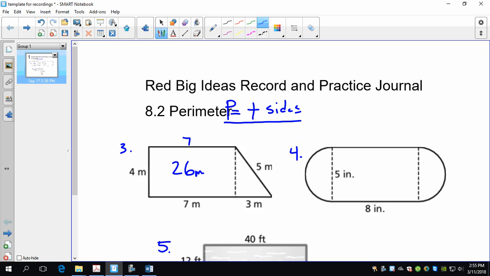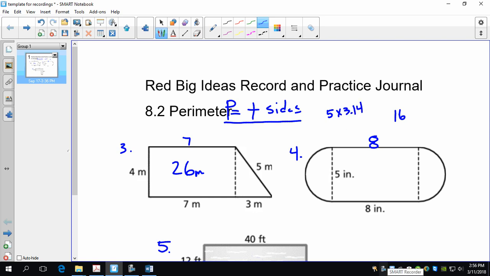For number 4, it's a little bit more challenging because we have a half circle on each side. But we want to make sure if this is 8, then we know the top is 8, and 8 and 8 is 16. So we know we have 16. Then we basically want to find the perimeter of a circle that has a diameter of 5. So we're just going to take 5 times 3.14.